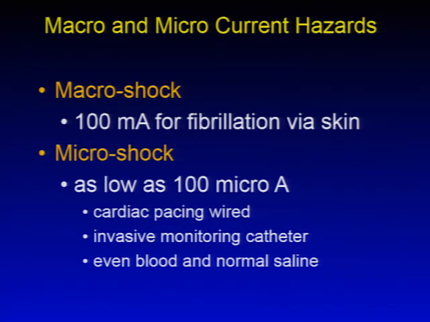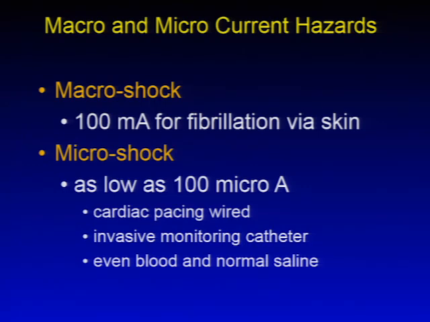So we have macro and micro current hazards. Microshock, as I mentioned before, is when you create a hot circuit and get cardiac fibrillation. In order to cause macroshock, you need 100 milliampere.